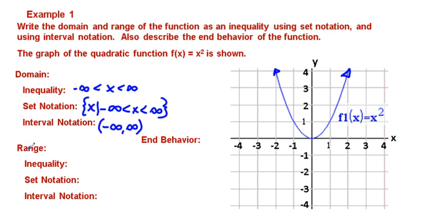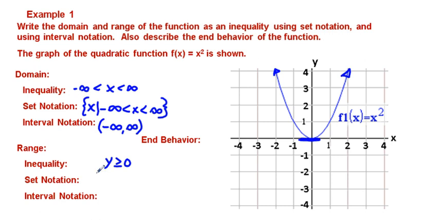Okay, range. Now range is going to be output values, inequality notation. So our lower limit is this x-axis. So in inequality notation, our range is going to be y is greater than or equal to 0. That's going to be it. In set notation, very similar to inequality notation.